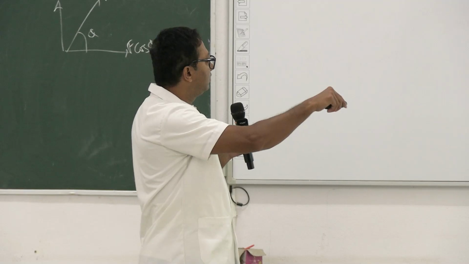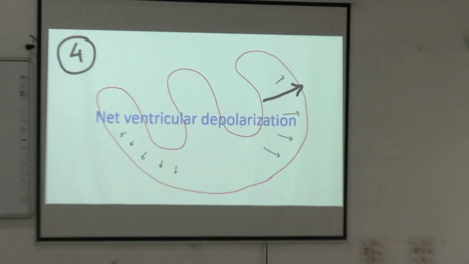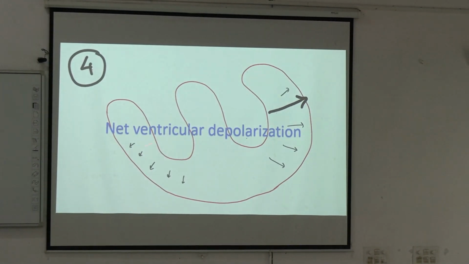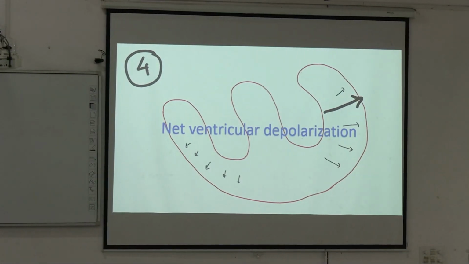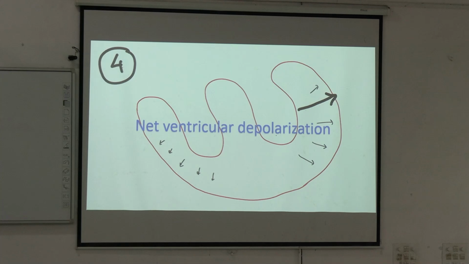This is a hand-drawn picture, so this should have been thinner, but the thickness of the left ventricular free wall is more than the right. If the muscle mass is more, you need a stronger vector to depolarize. Can you ask this simple question: why is left ventricular muscle mass more than right ventricular muscle mass?